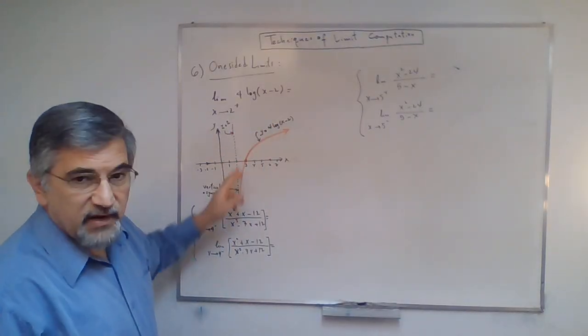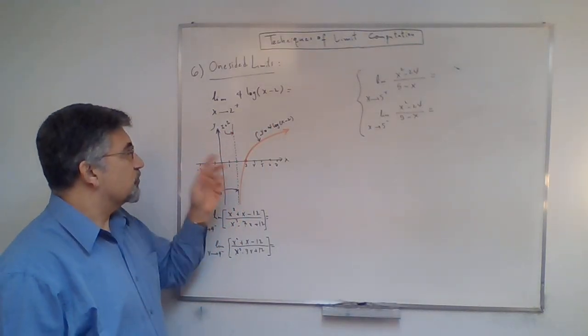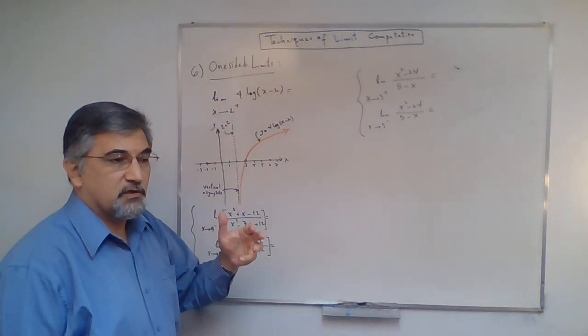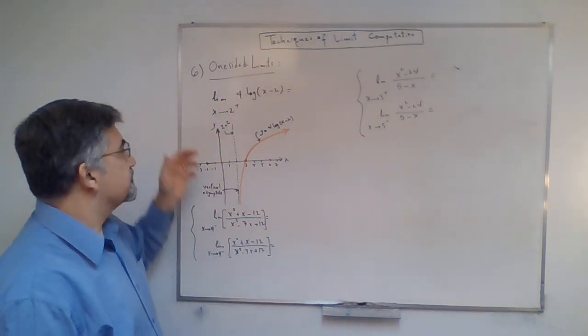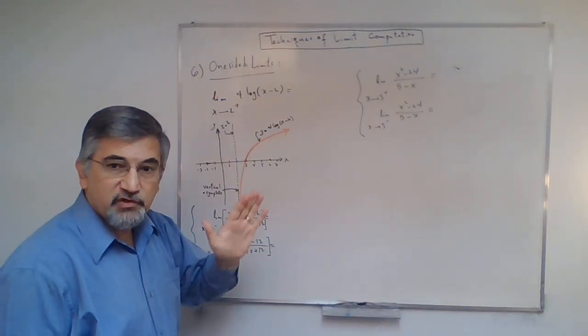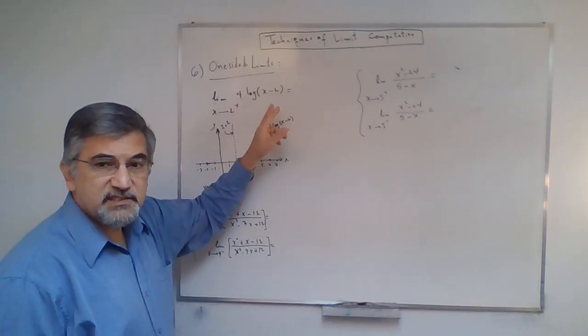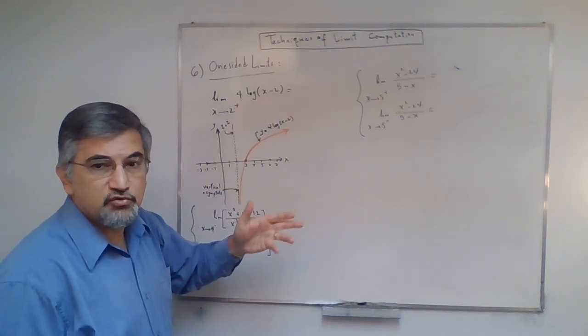If I draw the graph of this logarithmic function, you know that because of the 4, the basic or parent logarithmic function is vertically stretched by a factor of 4, and also translated horizontally to the right by 2 units.